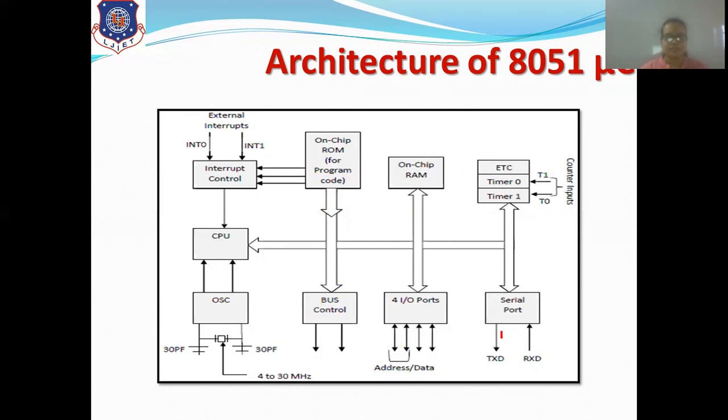There is also a serial port for communication, which has a transmission pin and a receiving pin for transmitting and receiving data serially, that is bit by bit. And it has timers and counters, external timer counters, and two internal timers, timer 0 and timer 1, T0 and T1. Clear? So this is the whole architecture of the 8051 microcontroller.